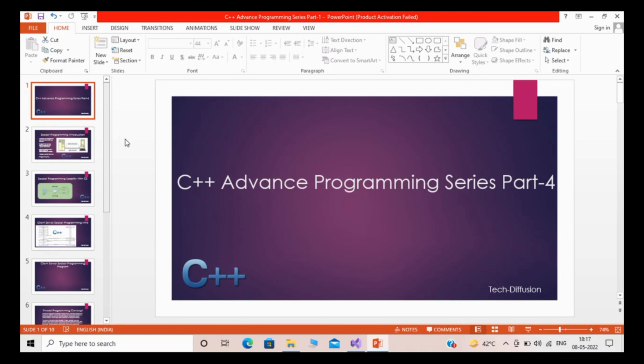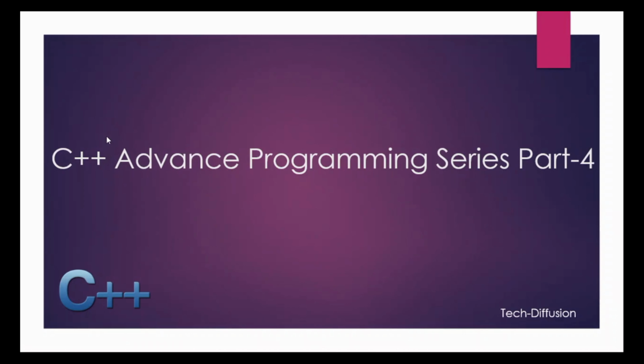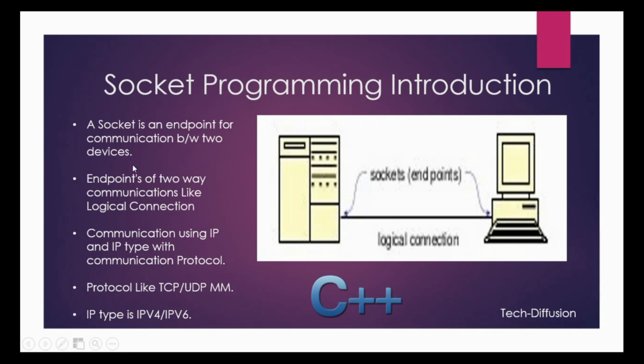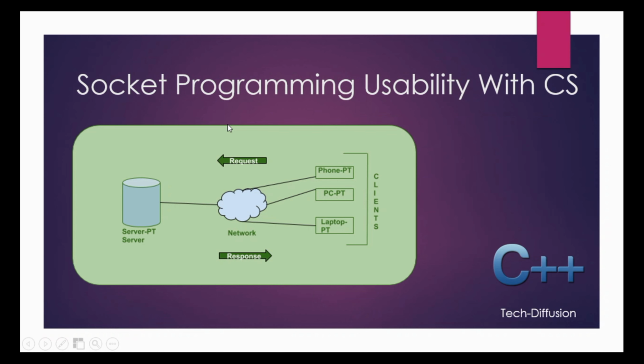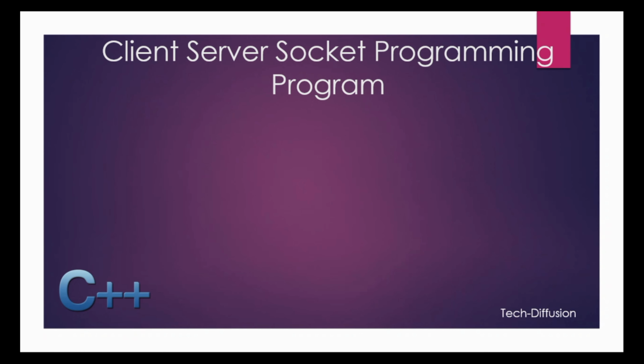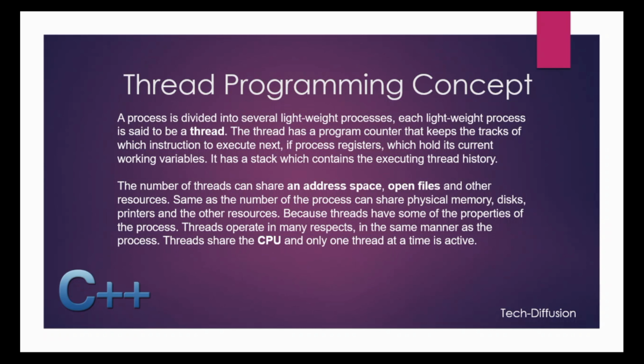So, a quick review of whatever we previously learned, and then we will go with the program. This is the C++ advanced programming thread-related part 4. Previously we already discussed socket programming, with a socket programming example and its live uses.